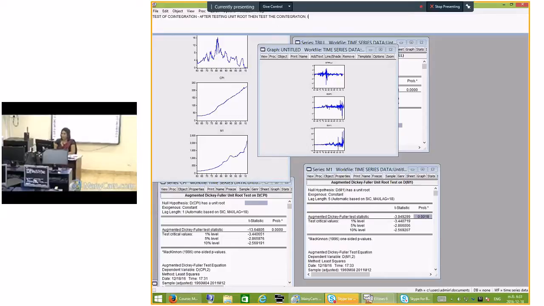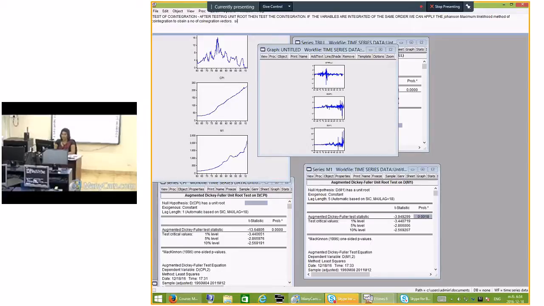If we are doing the co-integration test and the variables are integrated of the same order, we can apply the Johansen maximum likelihood method of co-integration to obtain a number of co-integration vectors.